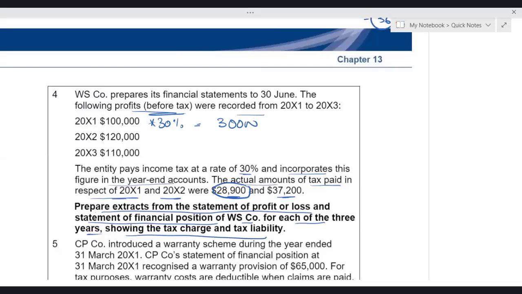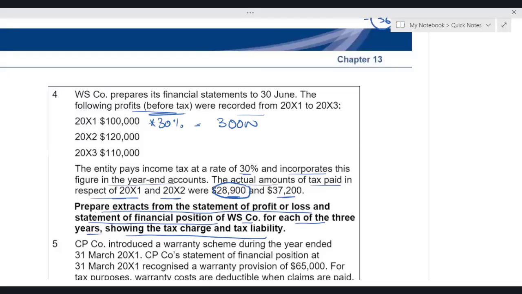And what over provision does, actually, over provision reduces your current year income tax expense without having any impact on your current year liability. And we also know one thing, that over and under provision issue will arise in the following year. For example, whatever you have recognized in X1, if there is any under provision or over provision, you will get to know in X2.